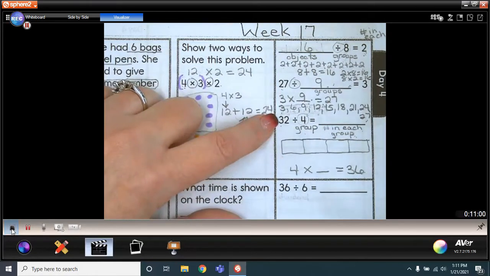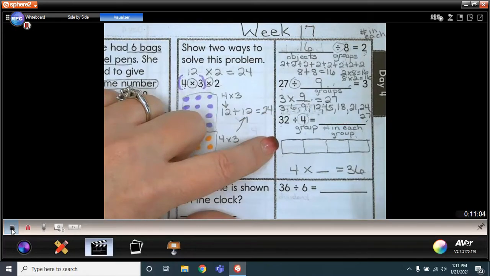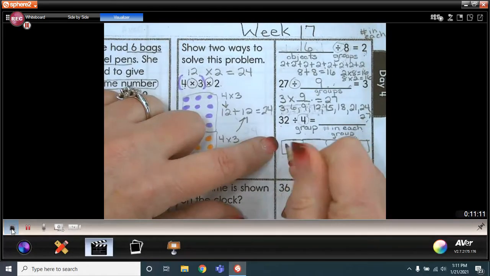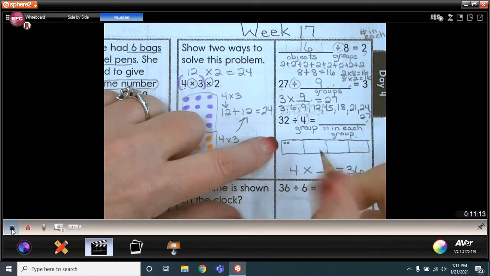Now, since this is an even number, 32, this means that I can start putting groups of 2 into these 4 equal groups and share them by 2s, and that will make this a little more efficient or quick.